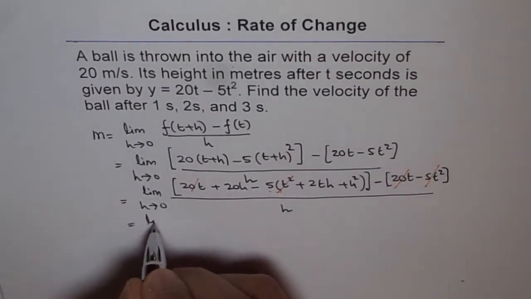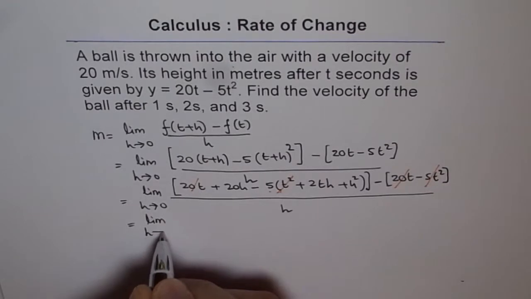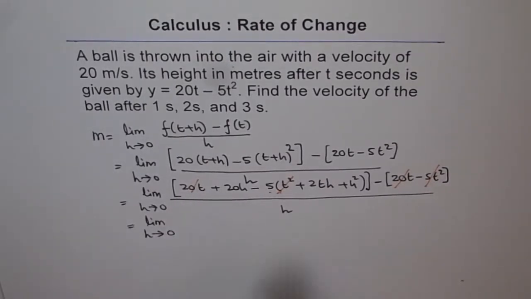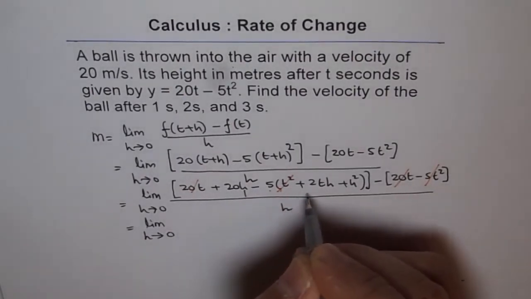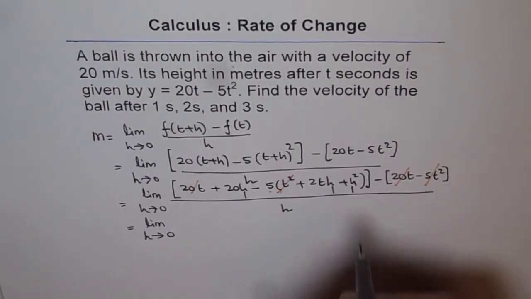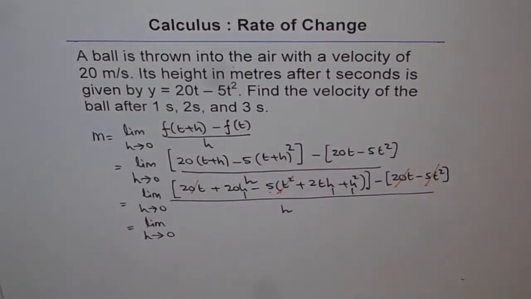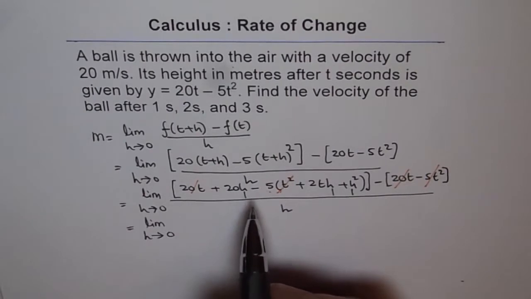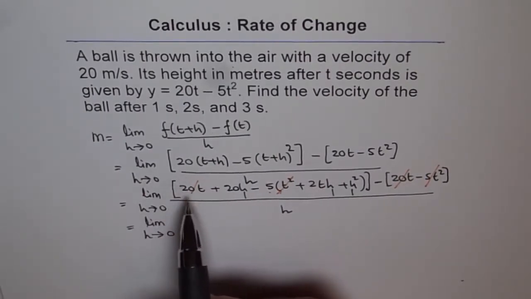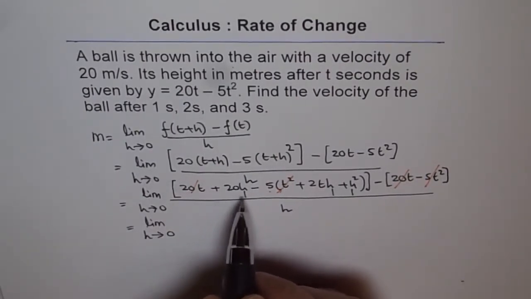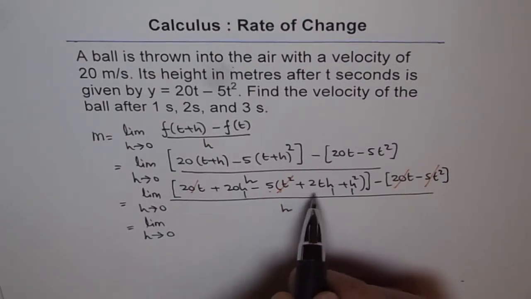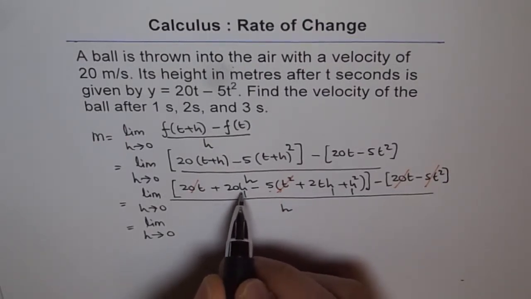Let's write them down. Limit as h approaches 0, and here you see h is a common factor. So we'll factor out h and then write our expression. We have 20h, so we'll take h common.